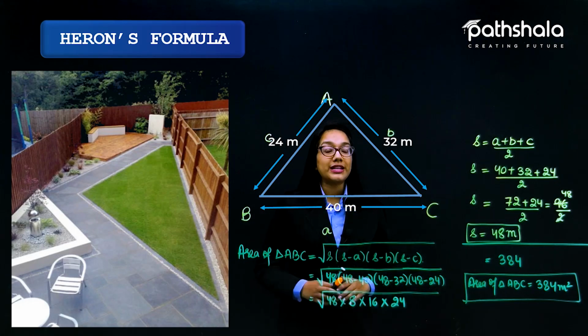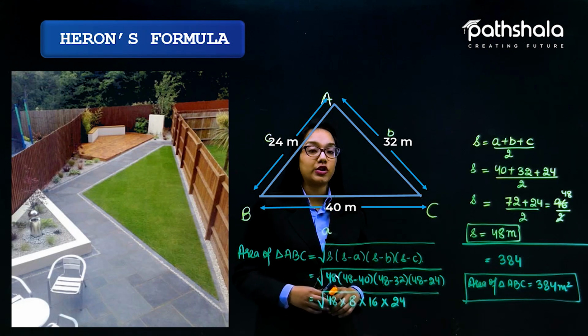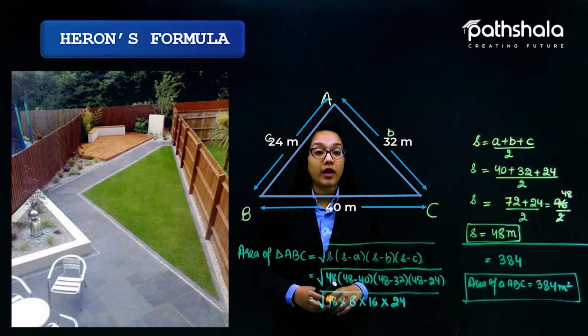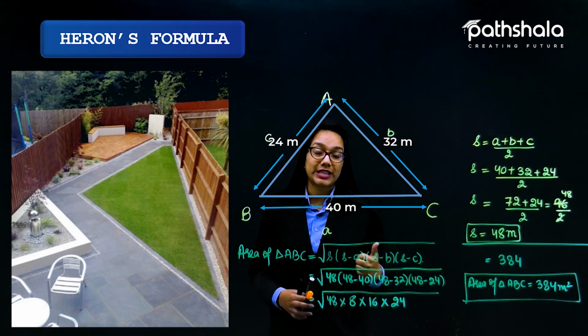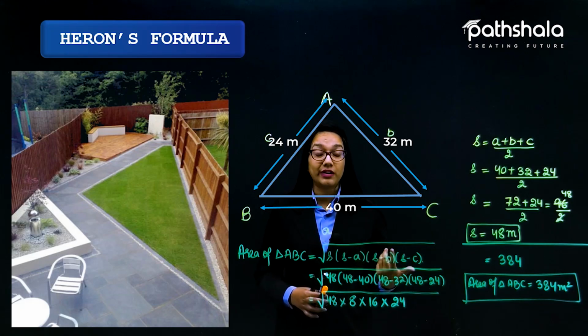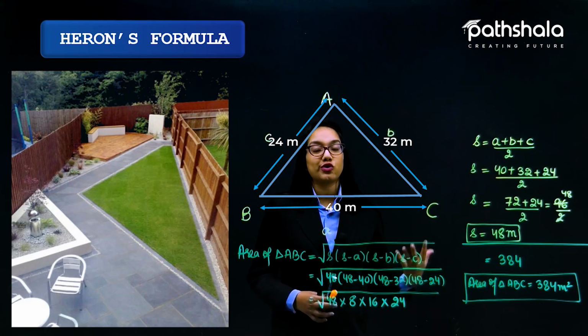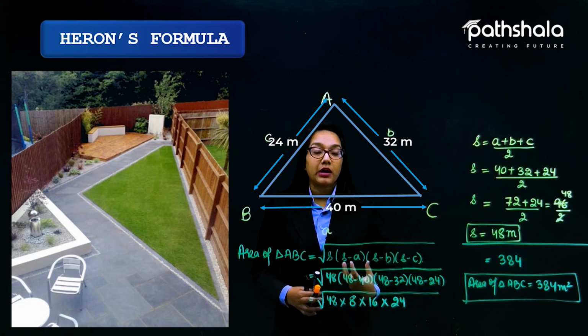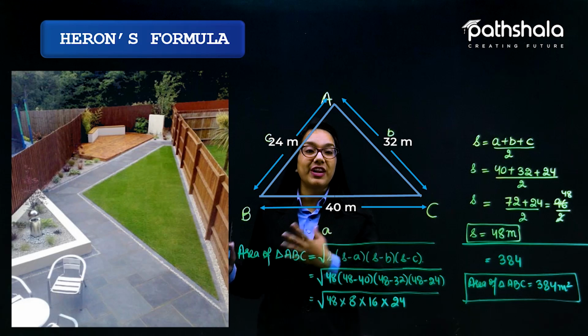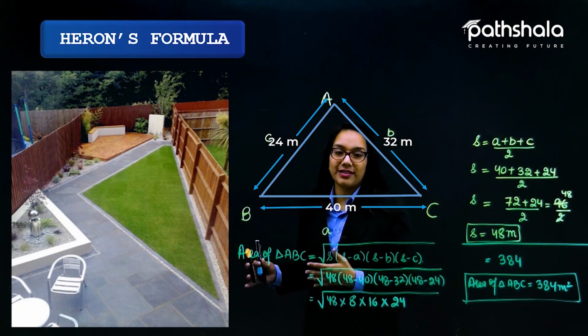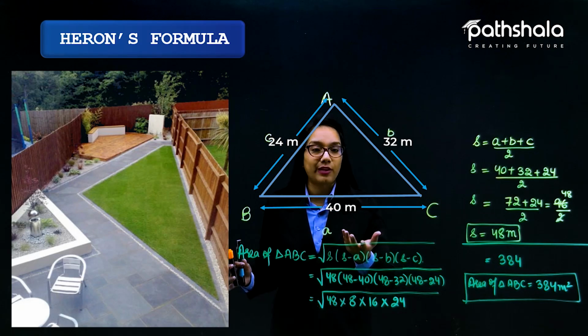Now it is not necessary that the triangle should be only a scalene one for which we use Heron's formula. We can also use Heron's formula for an isosceles triangle, for a right angle triangle, and so on. We can also verify, using Heron's formula, the areas of the previous types of triangles, such as the equilateral triangle and isosceles triangle that we have calculated.